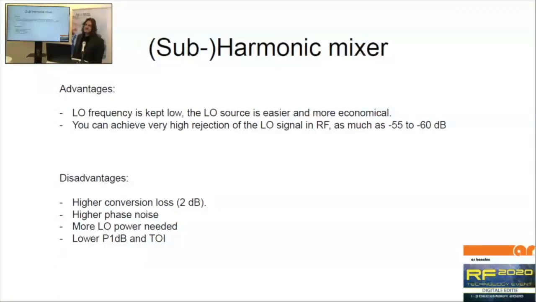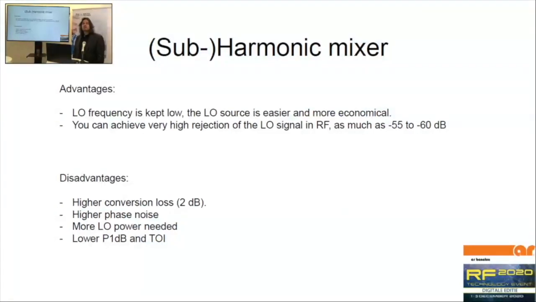Of course, there are some disadvantages as well. It will have a higher conversion loss. So the loss you will see from going from IF to RF or from RF to IF means you will add another 2 dB. It will have a higher phase noise.